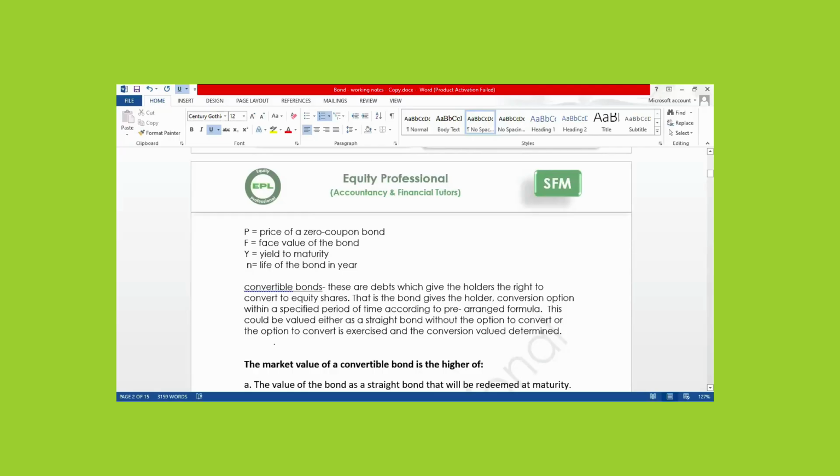How can we calculate price of a convertible bond? The price of a convertible bond can be calculated either as a straight bond without the option to convert. Please listen to this very well.